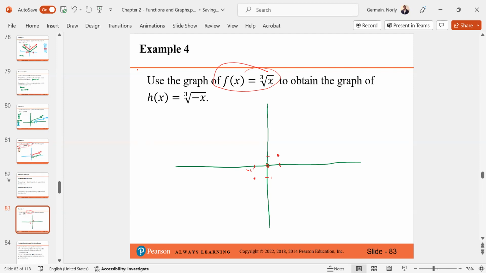If x is -8, y would be -2. So if you do cube root of -8, it gives you -2. If x is 8, okay.